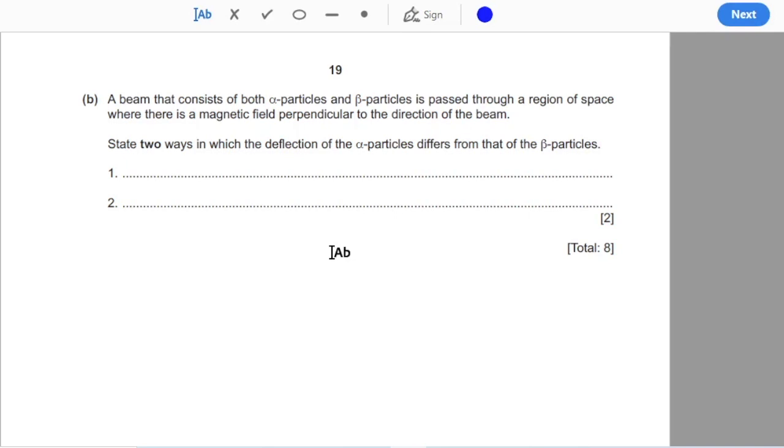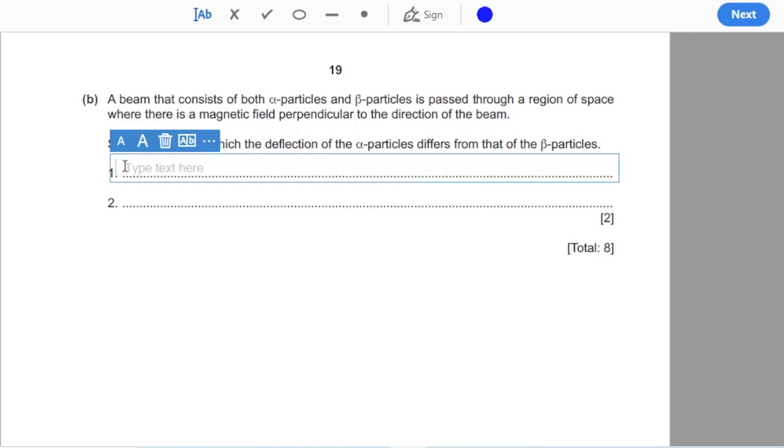You know, an electron is much lighter than a proton or a neutron. So alpha particles are very heavy in nature as compared to beta particles, and because both of them carry opposite charges, alpha particles contain protons while beta particles contain electrons, so they are going to move in opposite directions.